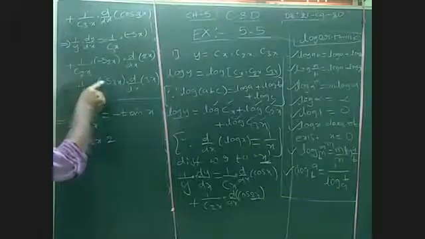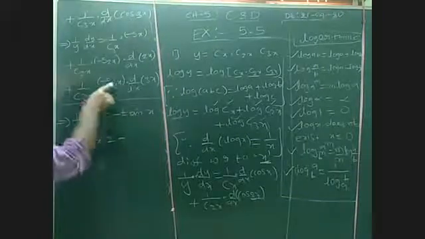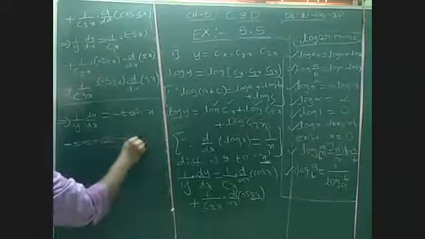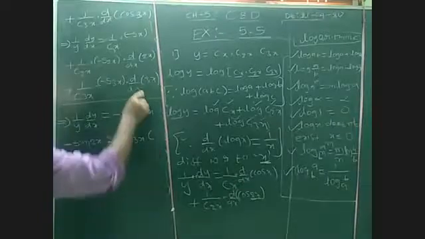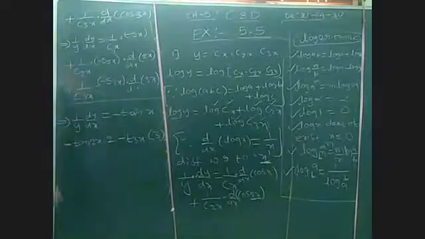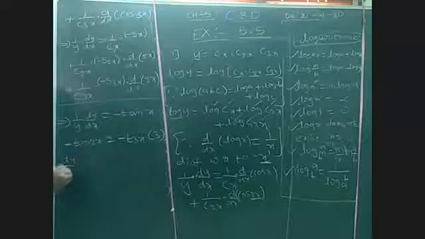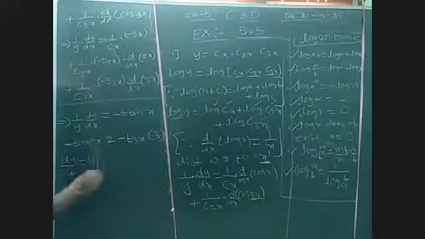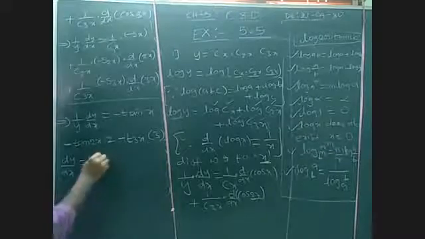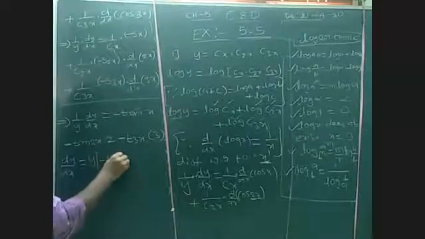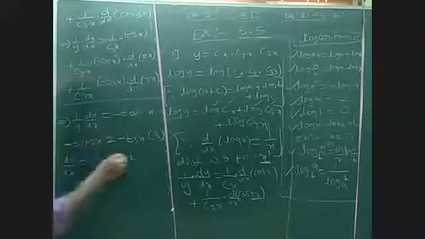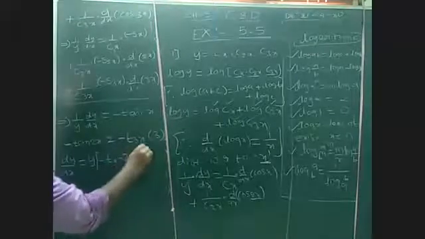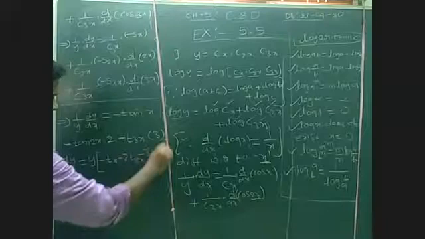Plus into minus sin 3x by cos 3x is tan 3x into the derivative of 3x, which is 3. So finally dy by dx is equal to, cross multiplying, y into minus tan x minus 2 tan 2x minus 3 tan 3x.